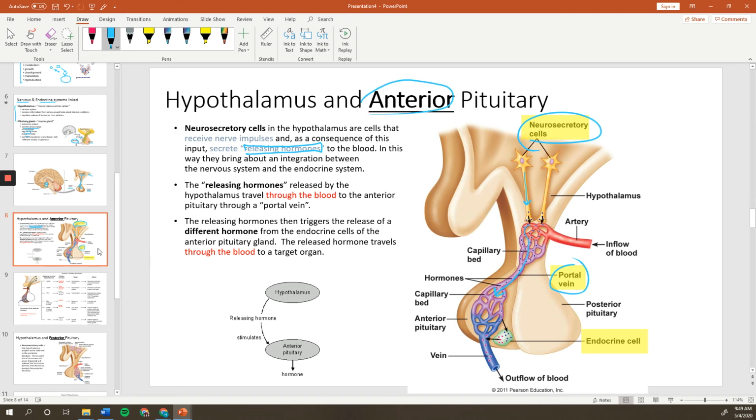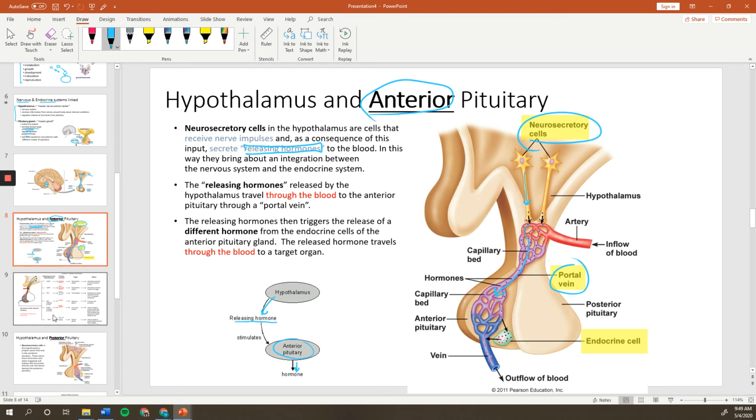Once they get into the anterior pituitary, they tell the pituitary to release other hormones. So basically, the hypothalamus releases a releasing hormone, and then the anterior pituitary releases the actual hormone that needs to go to some target cell in the body to have some specific function.